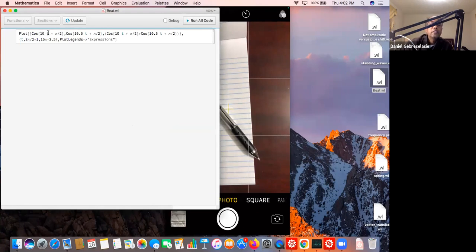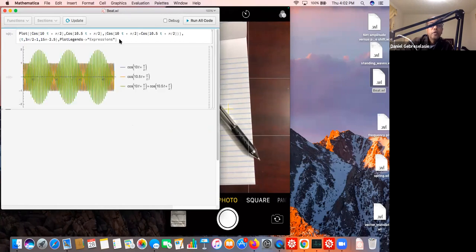I've got a demonstration over here. You've got this frequency of 10, and then this is 10.5, the second one, and then I added the sum in the third one. So we're going to use three functions over here. You see, the blue and the green have a frequency of 10.